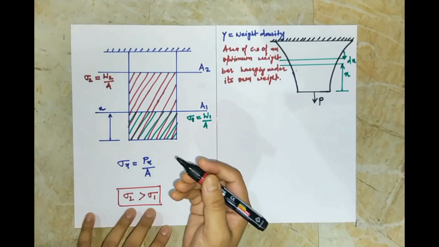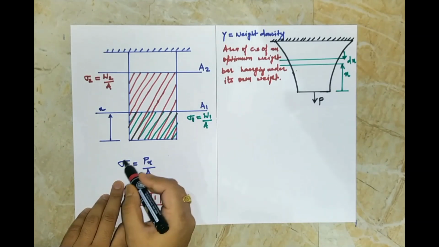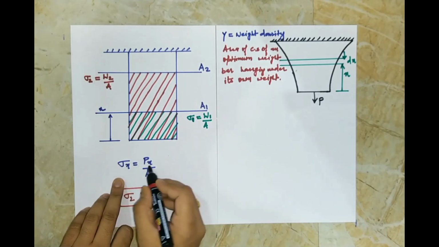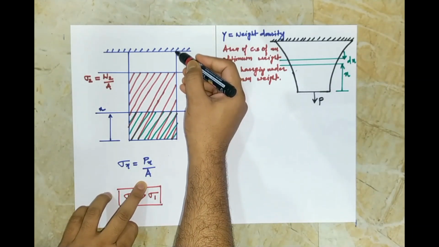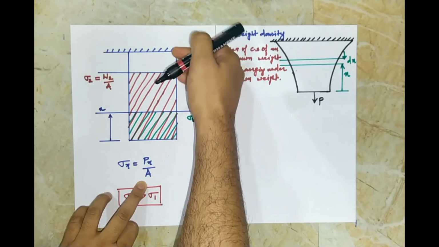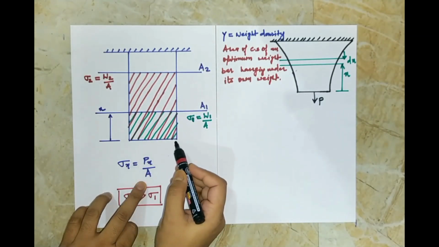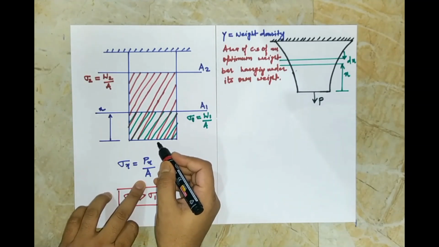So the area of cross section of the bar should be in proportion to the load taken by that cross section. See, sigma x is equal to Px upon A. So here maximum load is being taken because this whole weight is being taken by this cross section. Now at this cross section there is no load taken. So area of cross section virtually should be minimum here.